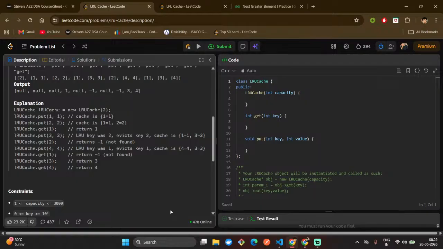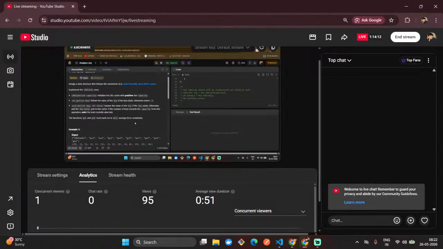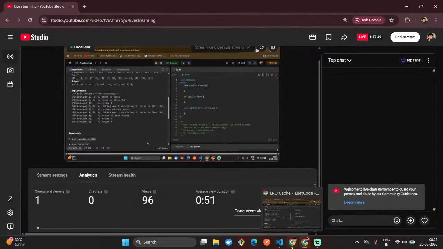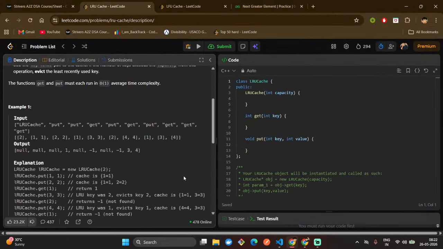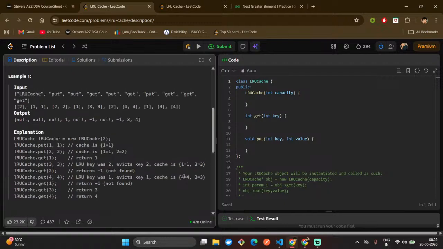Then we have to put it in the LRU. One is used, and the use order increases. Now we have to see how it is used or not used. It means it's a bit complicated question. Like what can you use here?